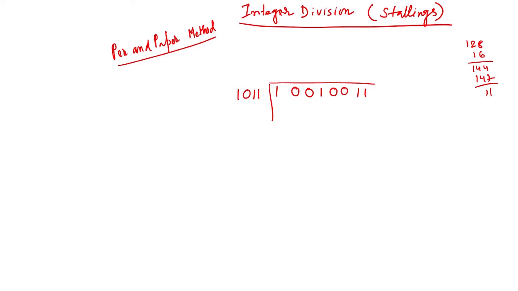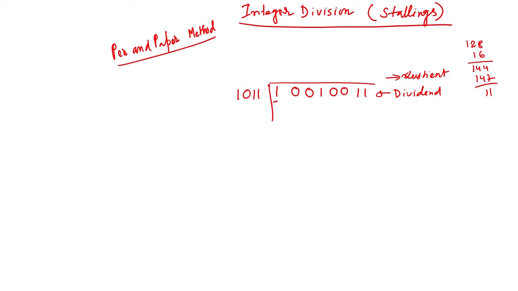So how do you do division? First we start from the left side. This is called the dividend, and whatever we get, we call the quotient. Now the first bit is 1.